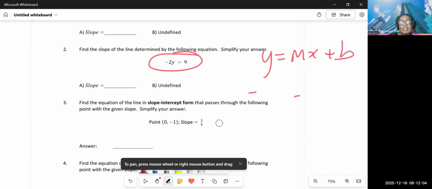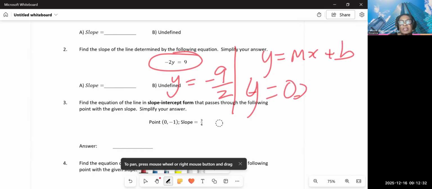Let me divide both sides by -2. So I have y is equal to -9/2. So y is equal to 0x minus 9/2.